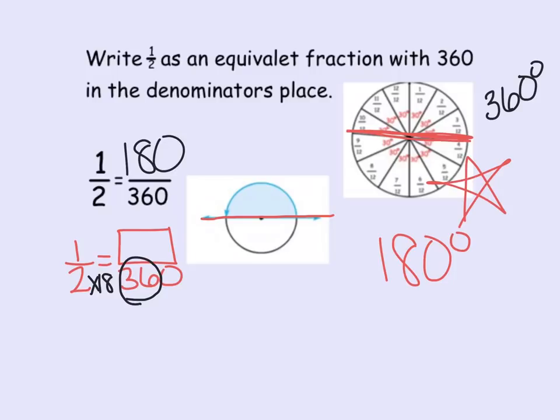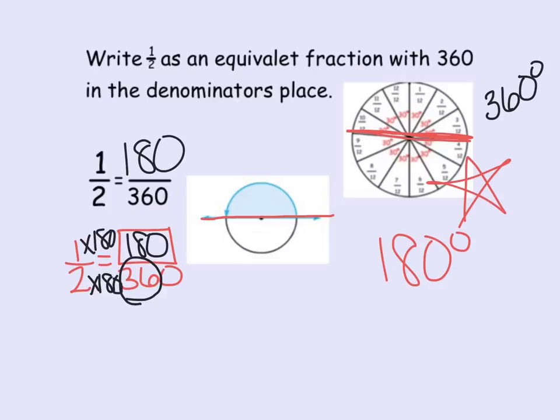And all I need to do is add a 0 in order to get my 360 like I wanted. So I know, boys and girls, whatever I do to the bottom, I have to do to the top. That's right. So I'm going to go ahead and multiply 180 to the top. And I know 1 times 180 will give me 180.